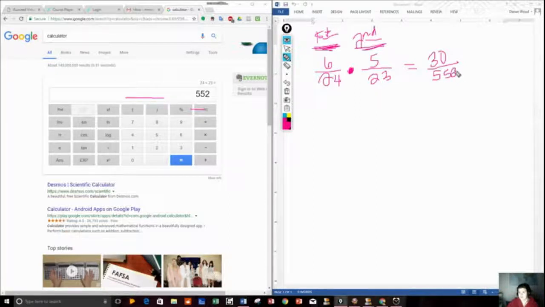Since they both end in an even number, 0 and 2, I know it's divisible by 2, so 30 divided by 2 is 15. 552 divided by 2 is 276. So it reduces down to 15 over 276.